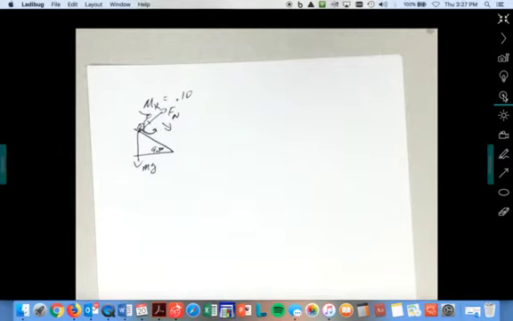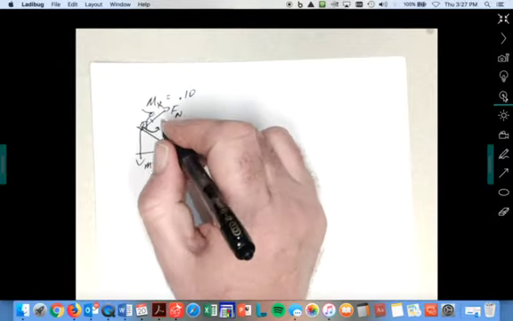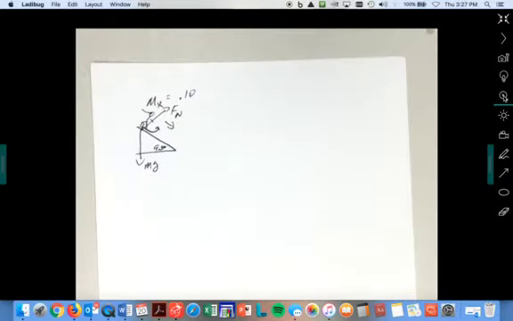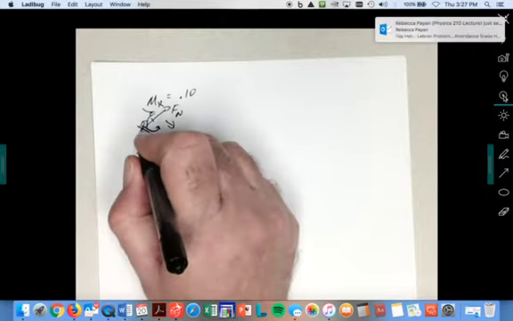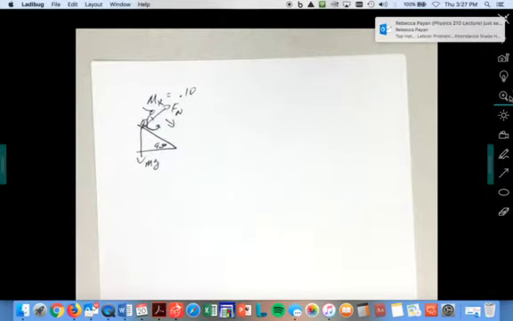So here we go again. I'm going to rotate this thing around. I know that's confusing to some folks. They want to leave it like this. That's fine.